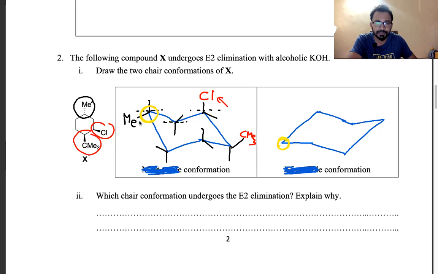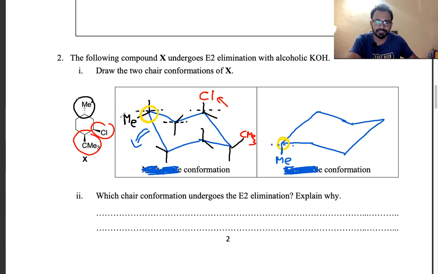What will happen to this equatorial ME when this whole part becomes this one? It will just go downwards. So this is my new ME.